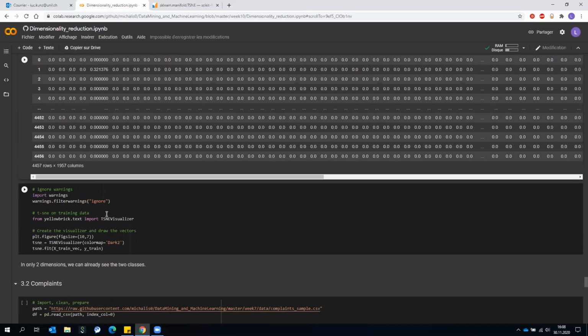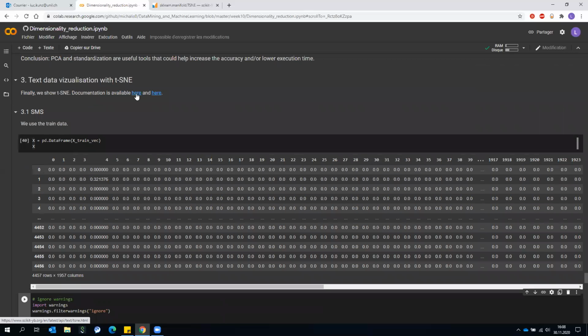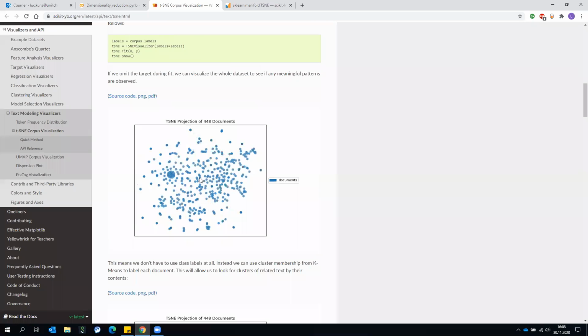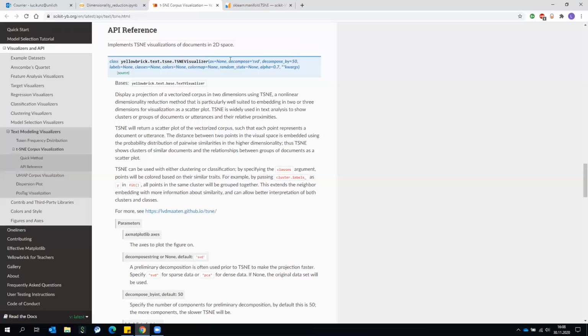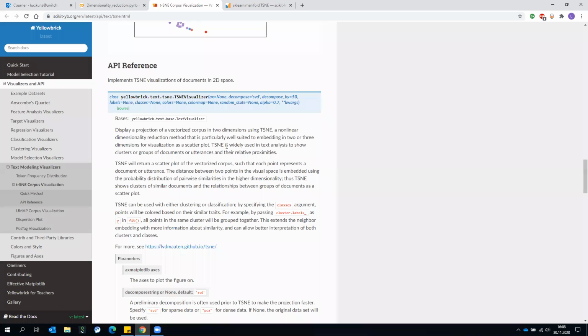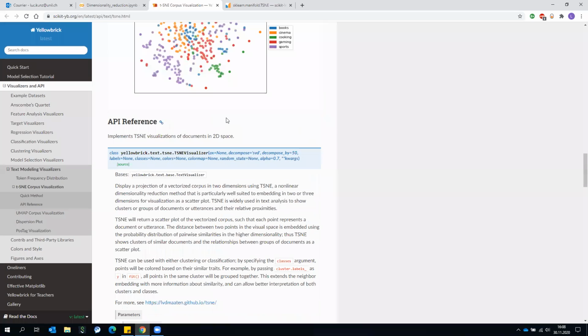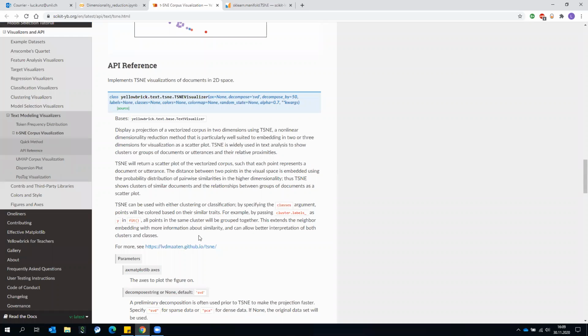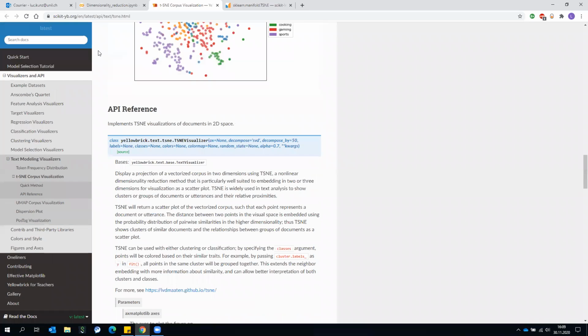So we use this TSNE visualizer. The documentation is the first link if it's not the second one. Yes, and the documentation is here. By default, you have two. So it's not by default. You always have 2 because it's in 2 dimensions. So you always have two dimensions for the reduction.